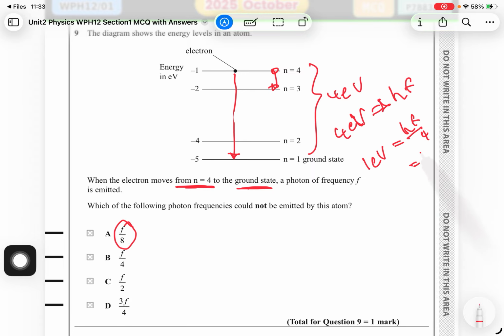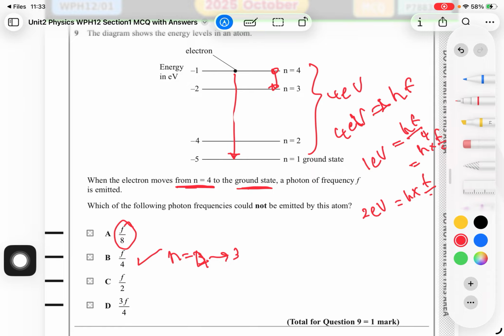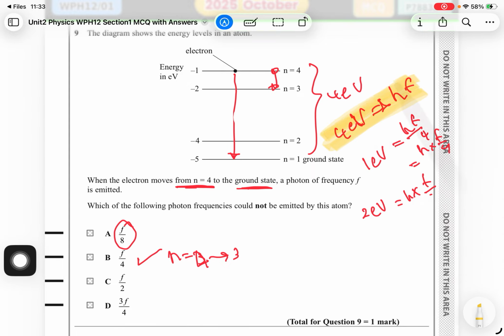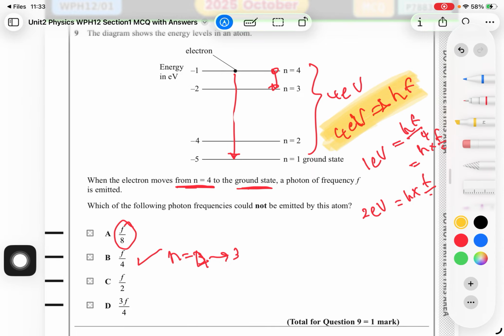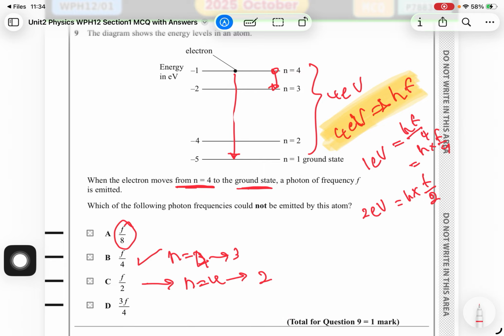Here H is a constant, so it has to be F divided by 4. So this is a possible option, which is n equals 4 to 3. The other one is 2 electron volts, so that will be H times F divided by 2, since the base equation is 4 electron volts. If it's 2, that should be half of it, so this would be n equals 4 to 2.